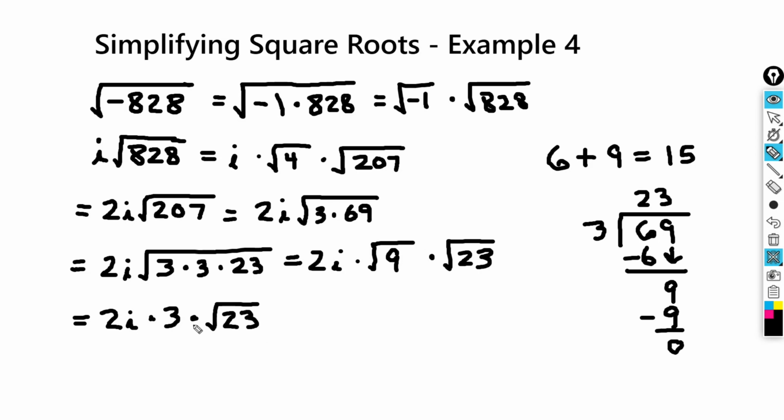All right, so 2i times 3 is 6i, and we have times the square root of 23. Now 23, the only factors are 1 and 23. It's a prime number, so we can't break that down any further. So we're going to leave our solution as 6i square roots of 23.